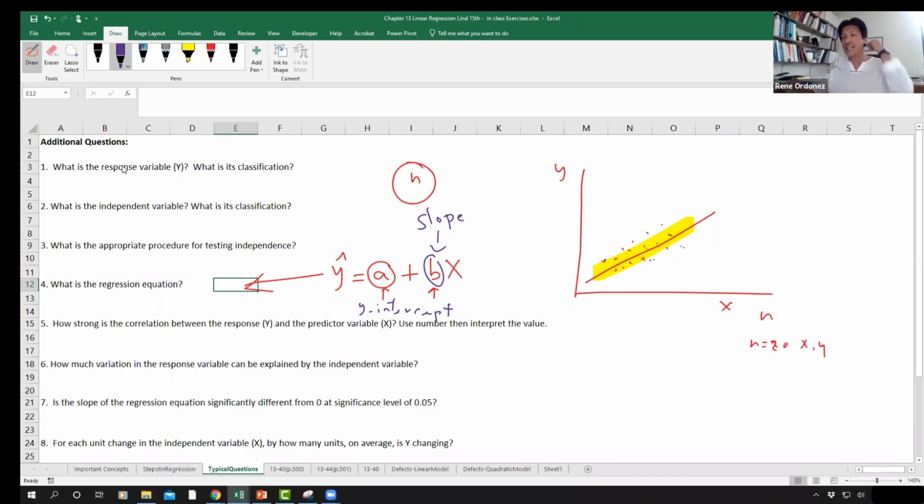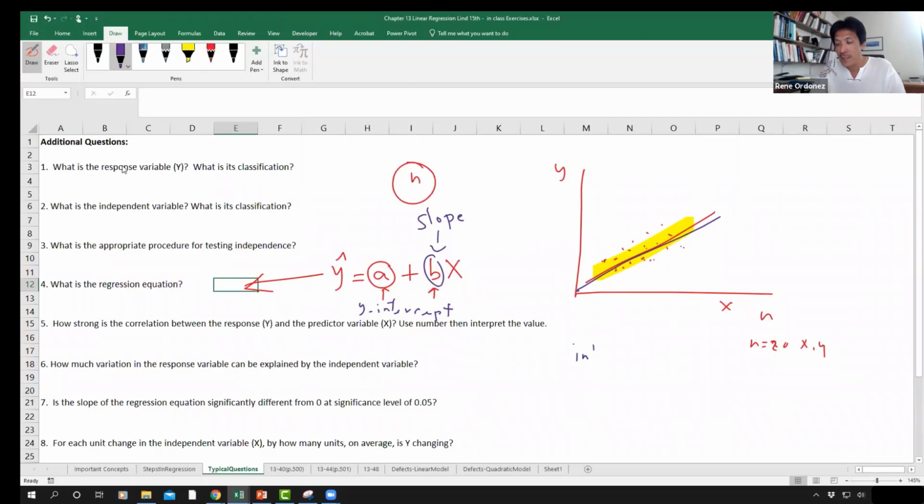So what is the y-intercept? Well, the y-intercept is the number where, on this y-axis, that is where the line crosses the y-axis.